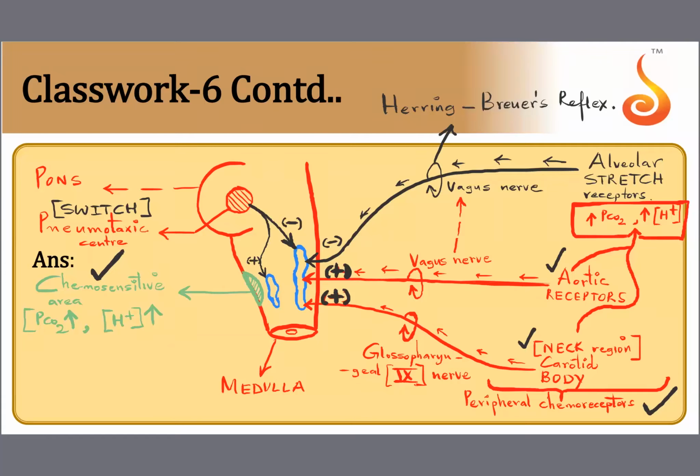That means they are not inhibitory, they are excitatory. So they send excitatory signals to the dorsal respiratory group, and the dorsal respiratory group will now start firing impulses so that you will inspire more and you will exhale more associated with inspiration, obviously, and you will throw away excess carbon dioxide and H plus.